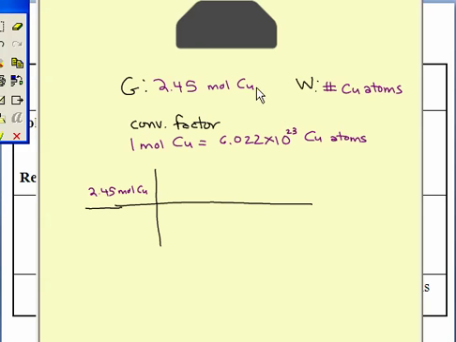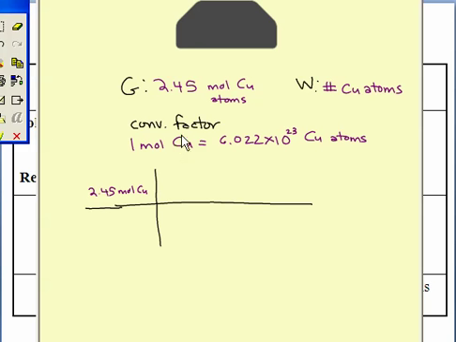So we don't specify here that copper is made up of atoms. Chemists know that. But if it helps you, you can write copper atoms here. So if we have 2.45 moles of copper, we have 2.45 moles of copper atoms. And we want to know how many copper atoms there are.